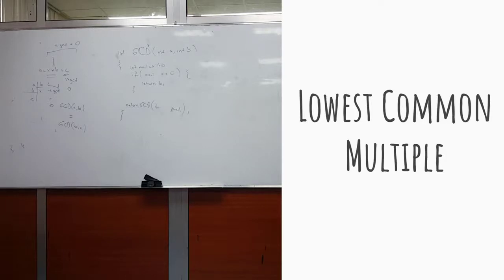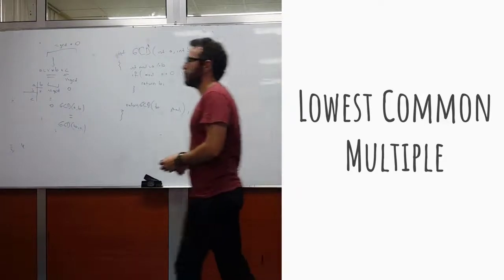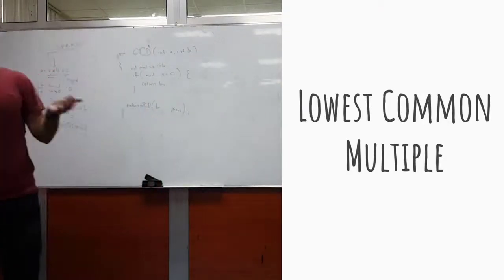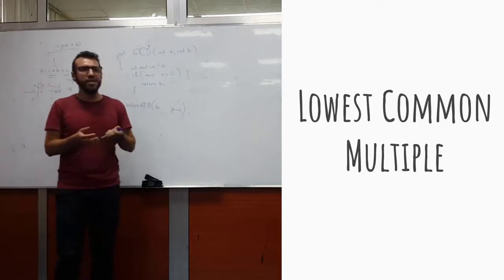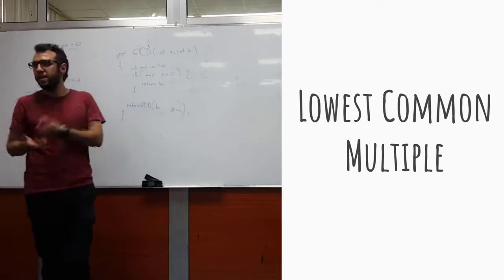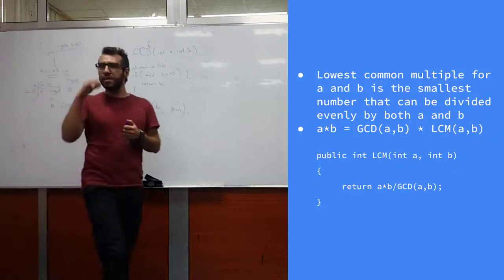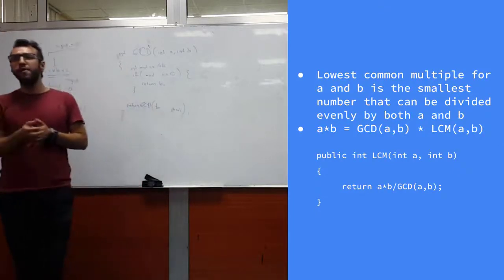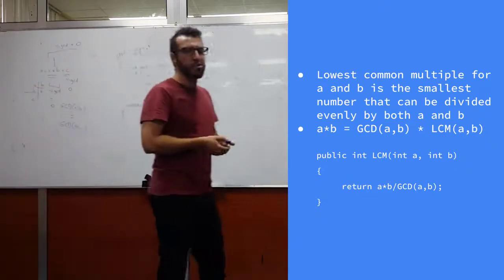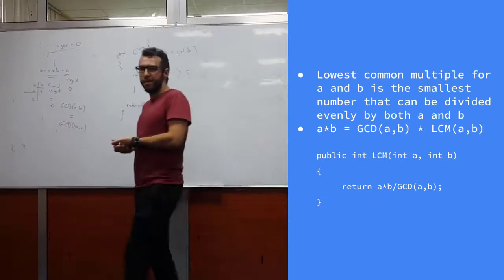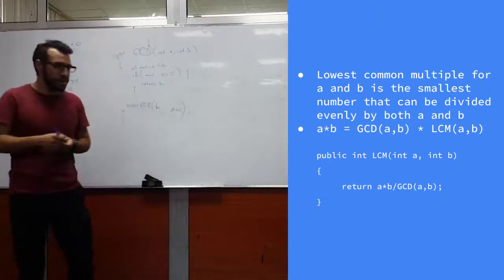Okay. So after greatest common divisor, now we get to the lowest common multiple. I guess you are also familiar with the definition of lowest common multiple, right? So basically, this time we are given 2 numbers A and B, and we are looking for the smallest number which can be evenly divided by both A and B. And for this one, since we have the greatest common divisor anyway, there is one nice property.